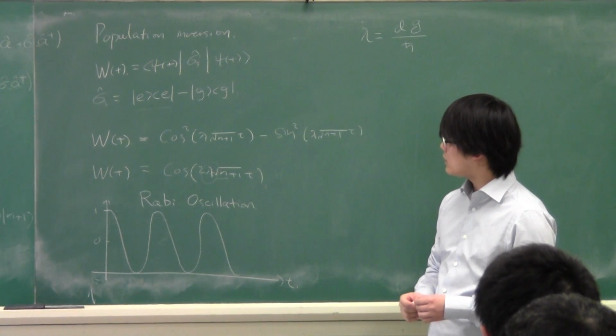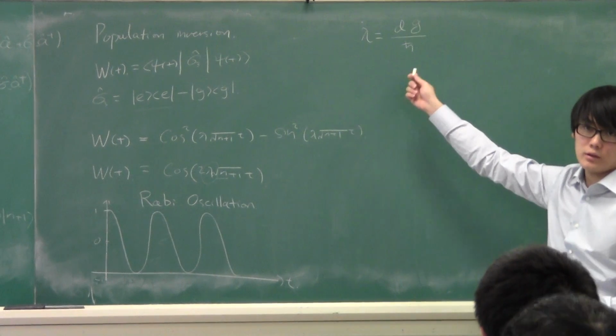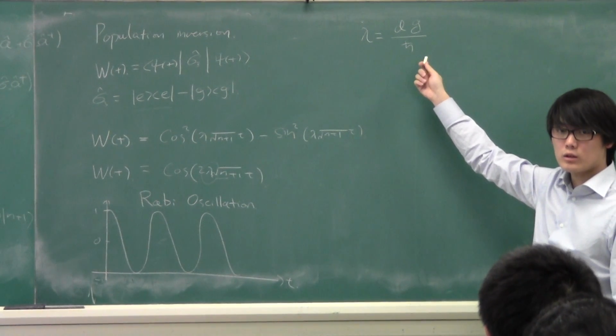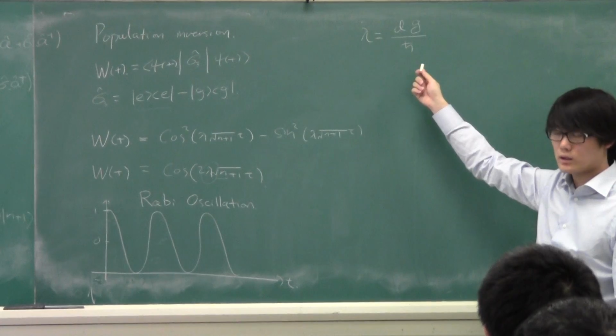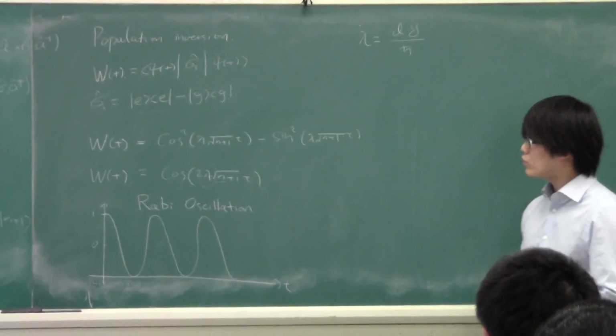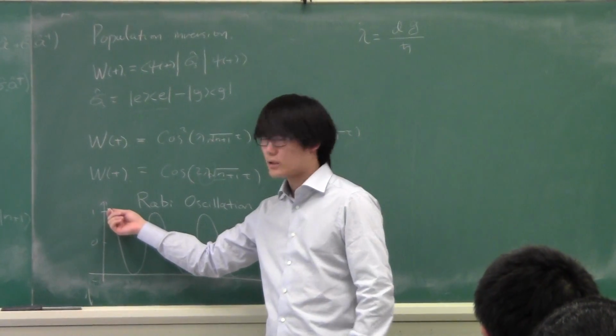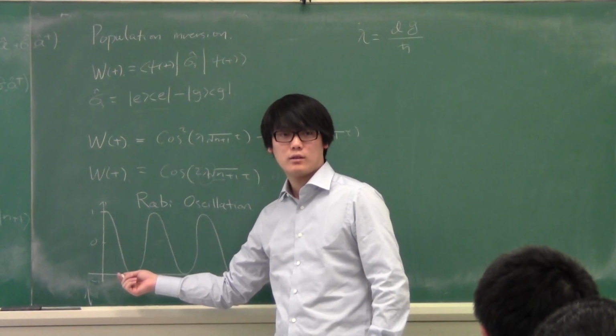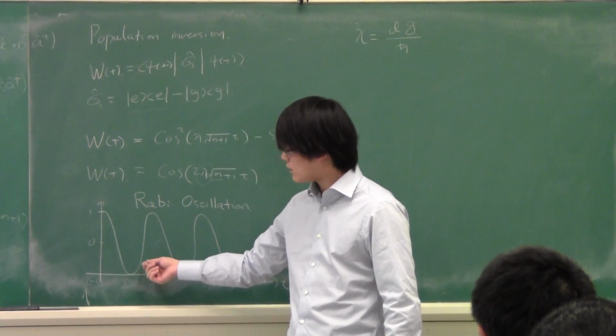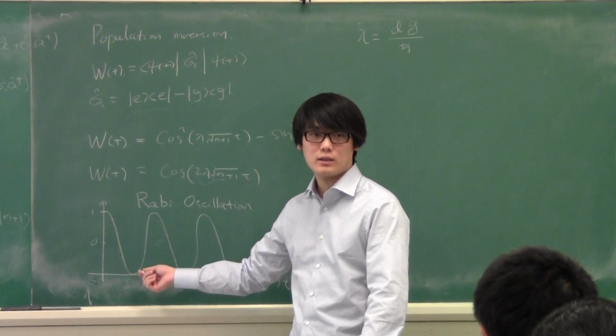So what this tells you is that if this was big, so if the atom was coupled strongly to the cavity, then it more readily gives up its excitation. Of course, it also more readily accepts a quantum excitation from the field.